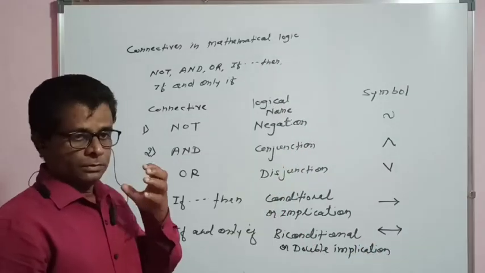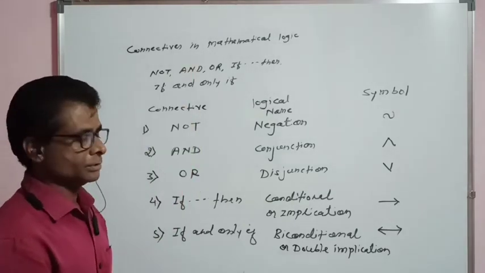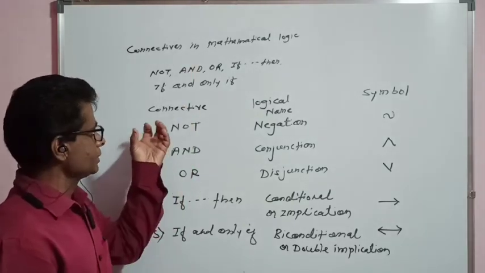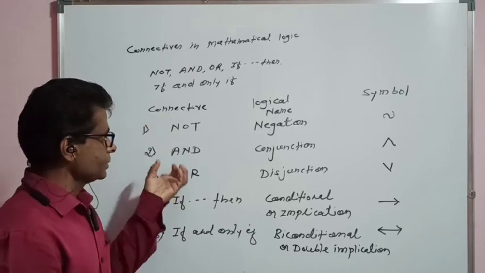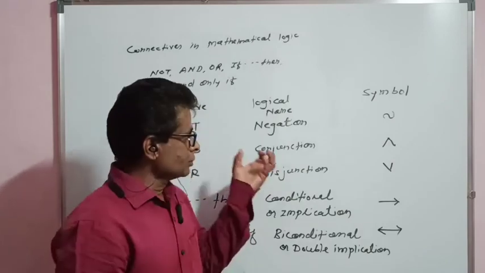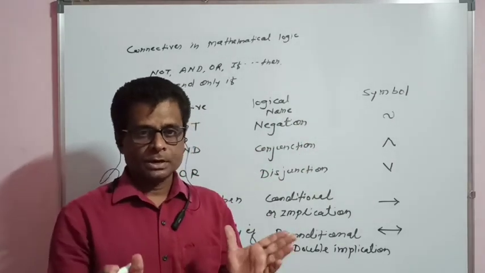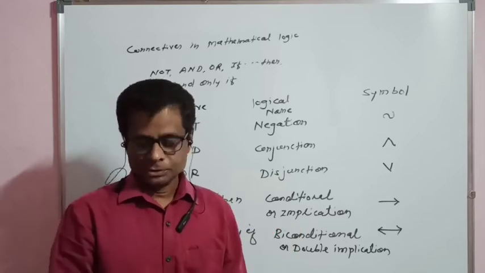So to work out the examples on logic using the connectives, one should be familiar with the connective name, its logical name and its symbol. Then by using these symbols, how to represent the compound statement into its symbolic form.